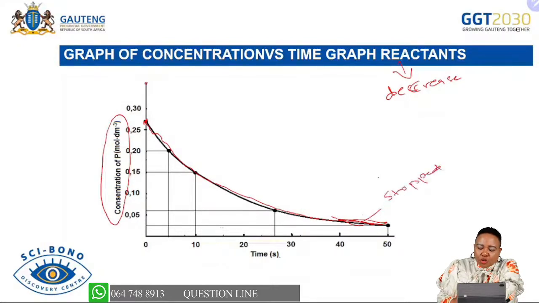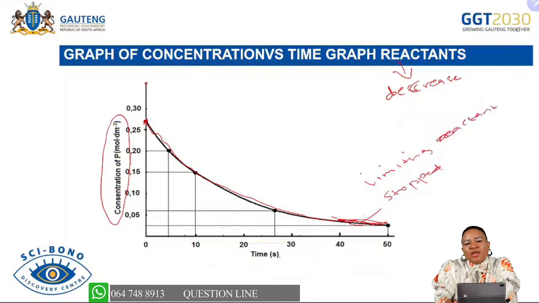What makes the reaction stop? Because a limiting reactant can be used up, or the reactants are used up. So when you look at the reactions in question number 5, you know that we are looking at reactions that only go in one direction.